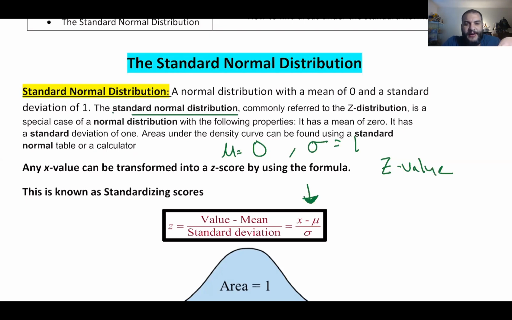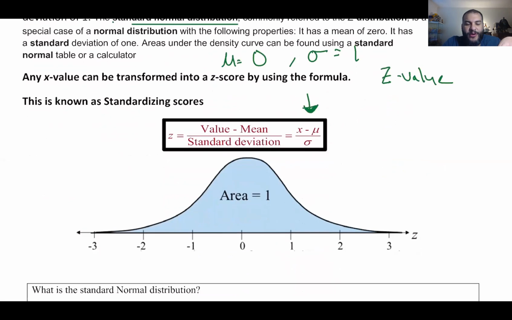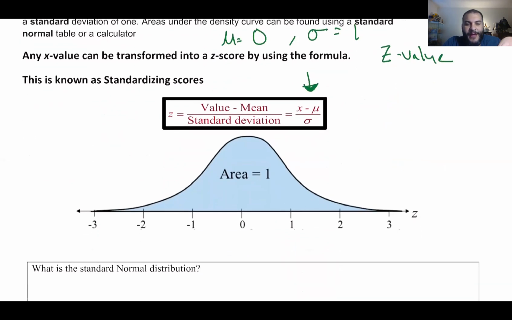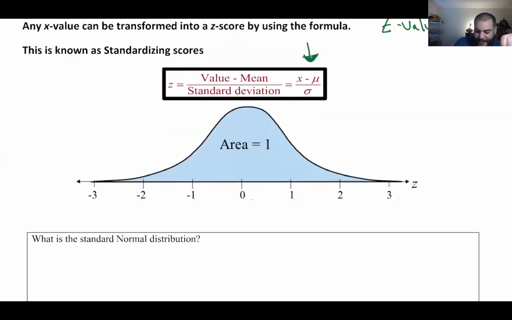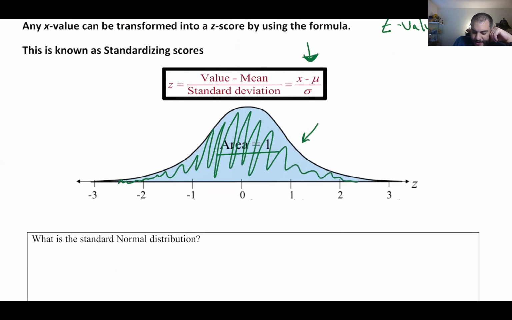All right. If we say we have a standard normal distribution, that means our data set is symmetrical. So if we have something that looks like this, you know that the area is equal to 1. If I were to find this entire area, it will add up to 1.